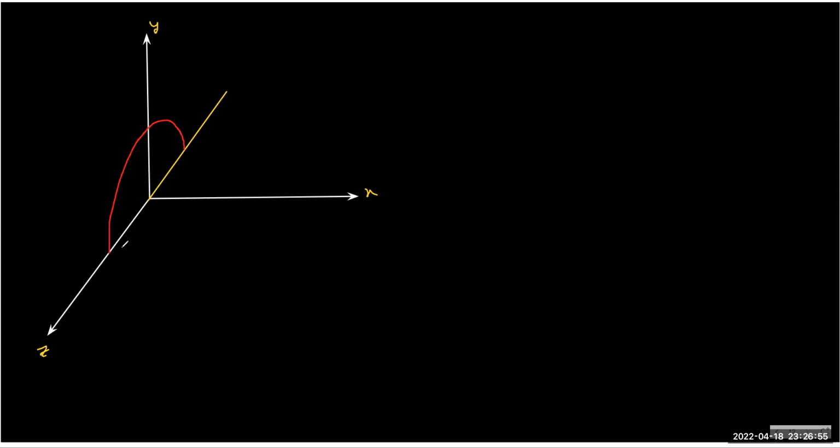If I draw another circle, this is in which plane? X z plane. Correct. So now you can see there are two circles which look like a heart shape in the diagram.